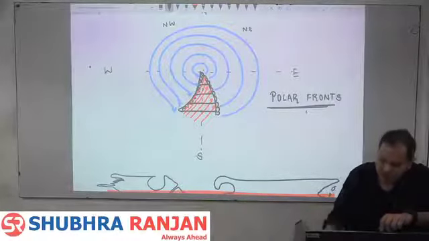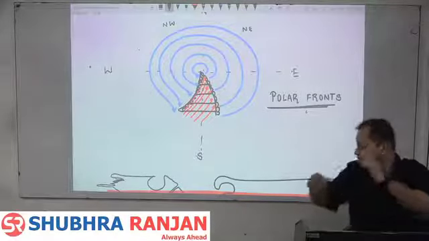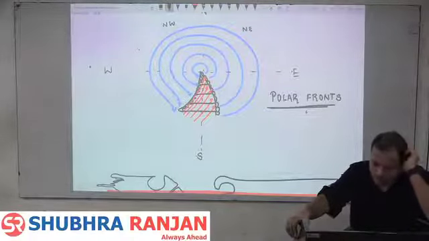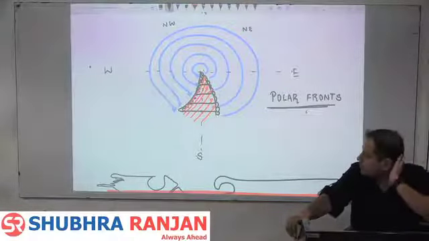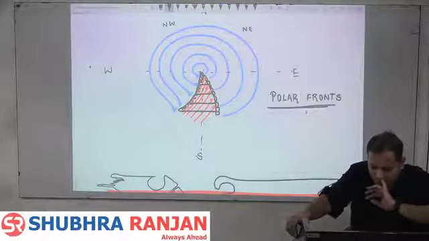Polar fronts matlab fronts. Where they converge to form polar fronts.